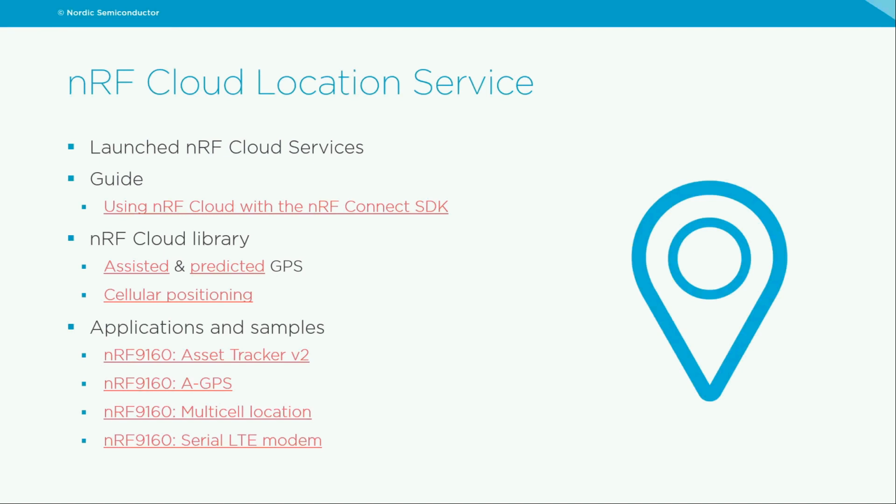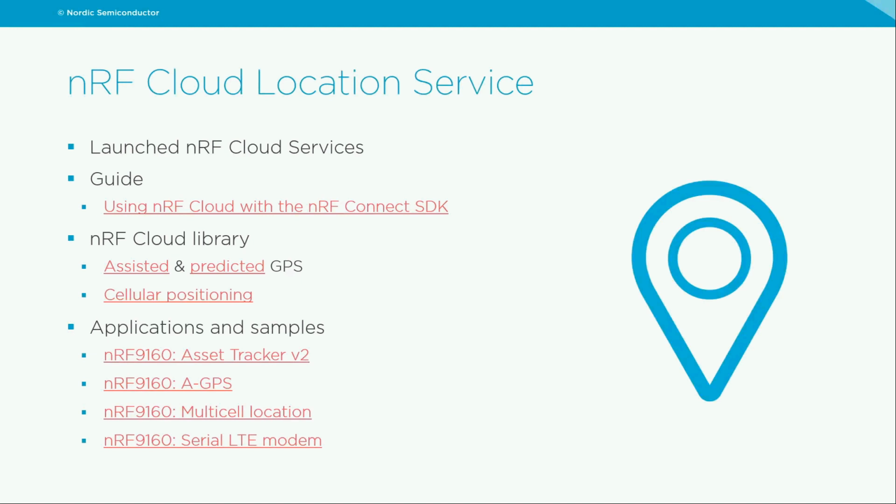Then over to the predicted GPS. Predicted GPS is intended for, I would say, specific use cases. It's not targeting the general use cases that normal assisted GPS works with. Predicted GPS is designed for devices that are frequently disconnected from the cloud but need periodic GPS fixes as quickly as possible anyway.